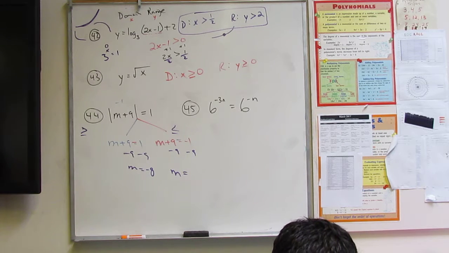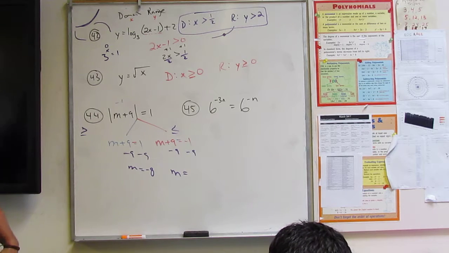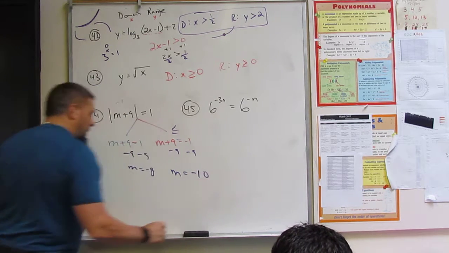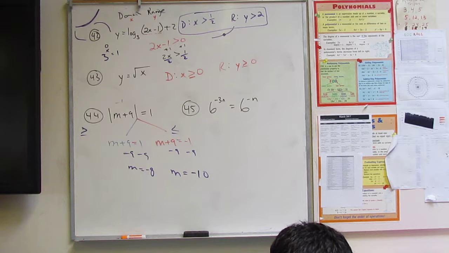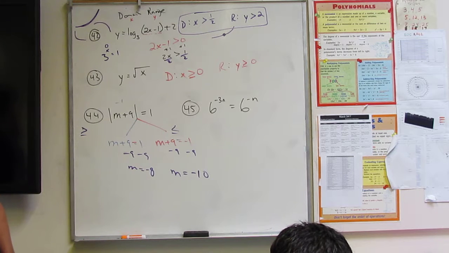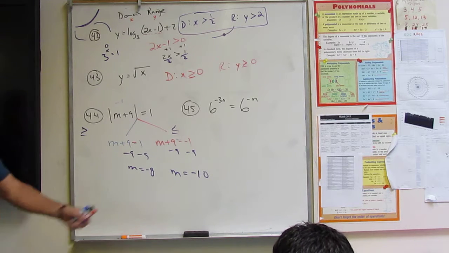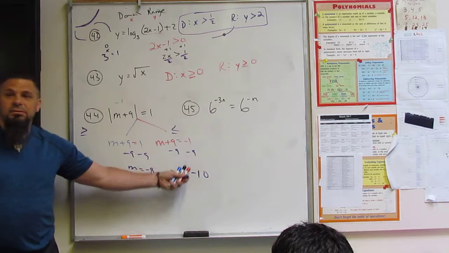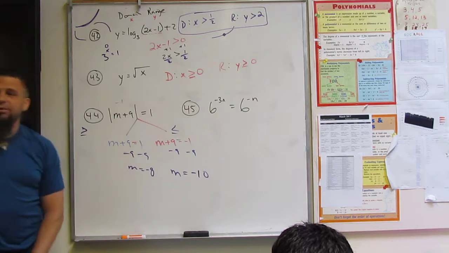I need 1 and I need 9 more. Negative 10. Negative 1 minus 9. That was 10. Yep. Negative 10. So those are your 2 answers. You said negative 9 minus 1. Yep. Negative 1 minus 9. Negative 10.